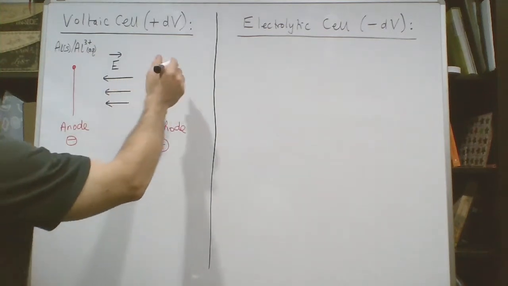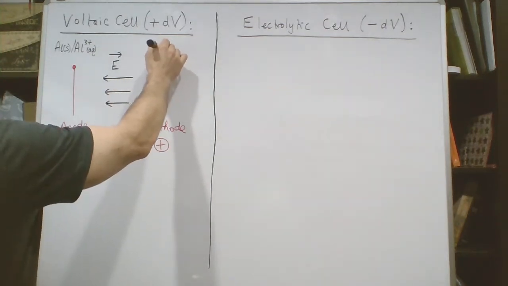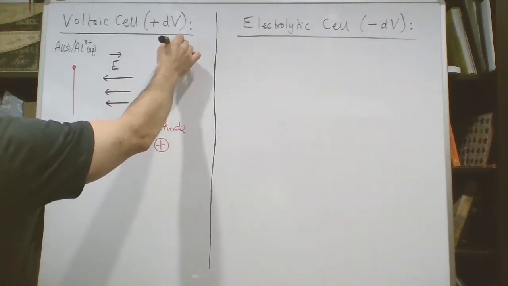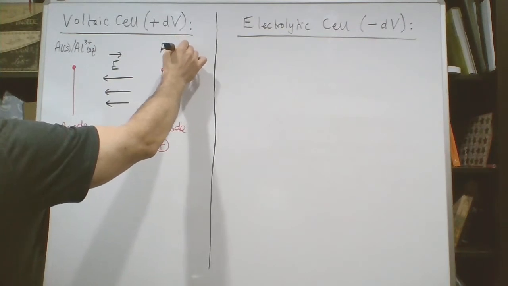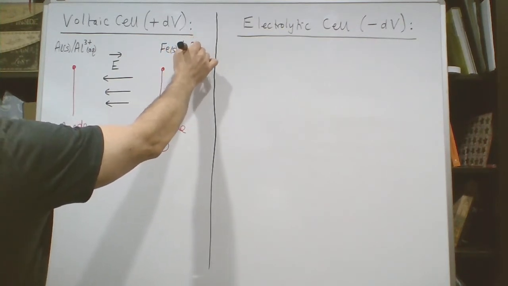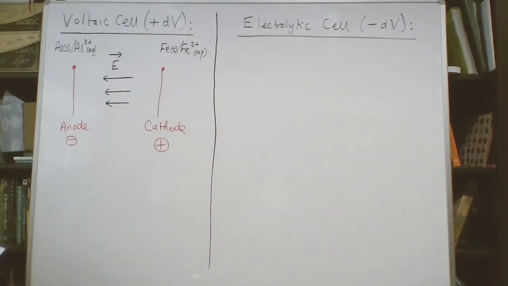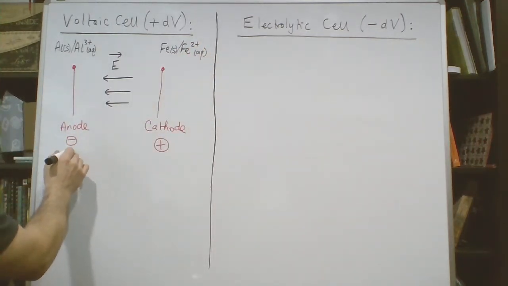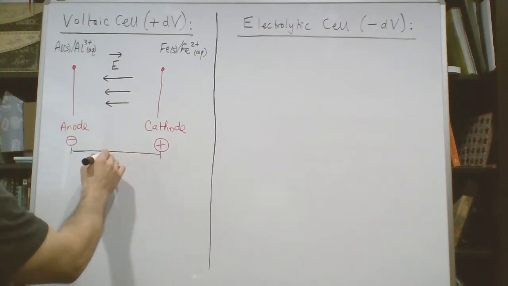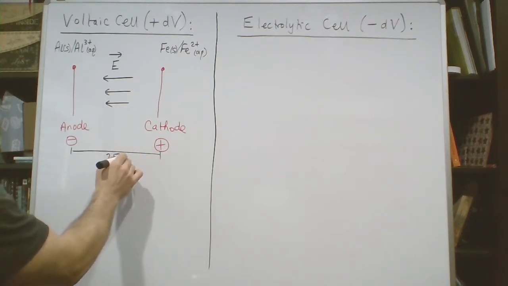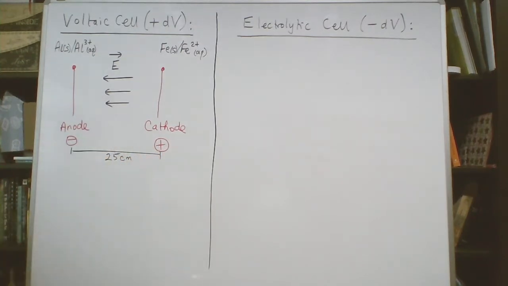And then for the cathode, we can have iron solid in equilibrium with iron 2 plus aqueous. So if we take those specific materials and we let the electrodes be 25 centimeters apart, then we can do a quick calculation.